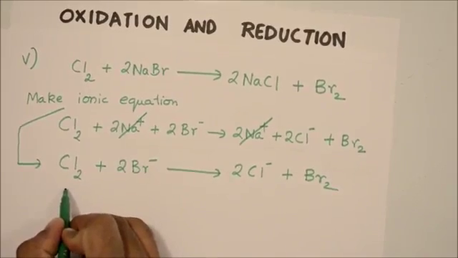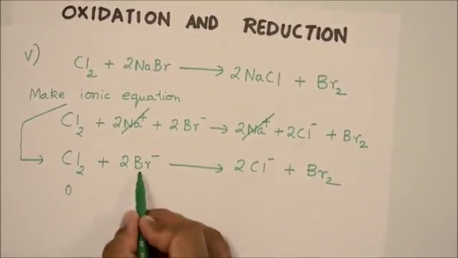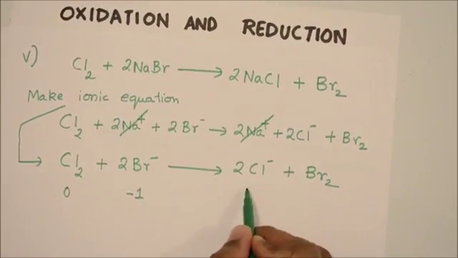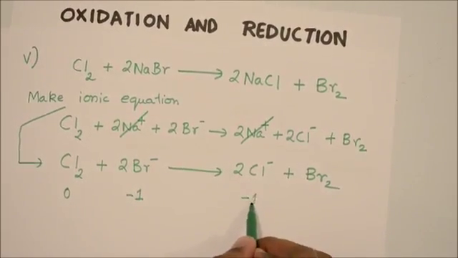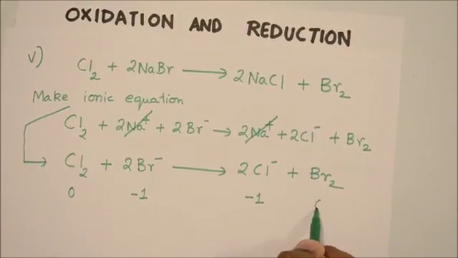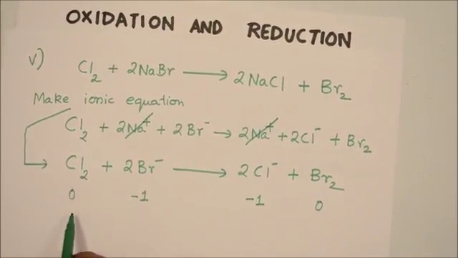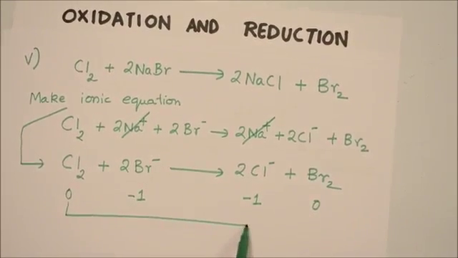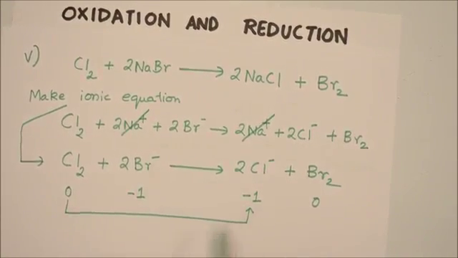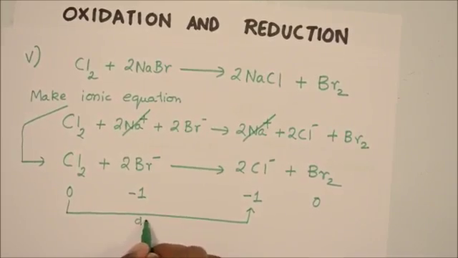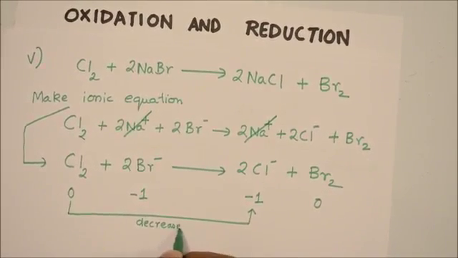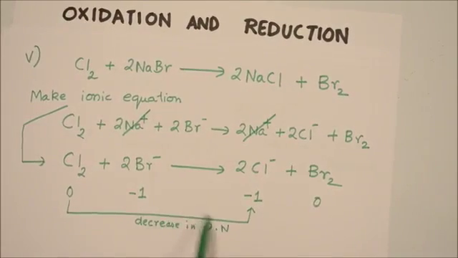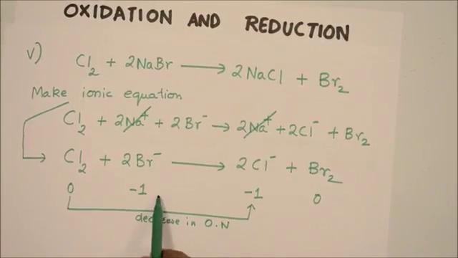So we can easily find out the oxidation number of chlorine is 0 because it's elemental. Then we have Br as -1, Cl is -1, and Br2 is 0. It's very evident that chlorine had 0 and it has moved to -1. So there is a decrease in the oxidation number, which indicates Cl2 is reduced.